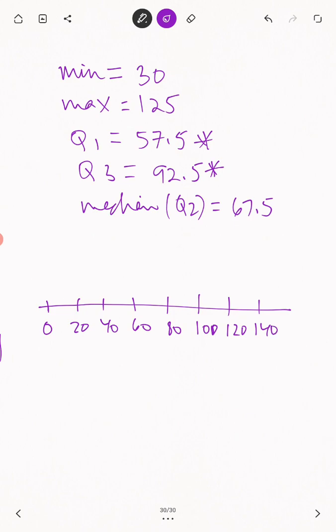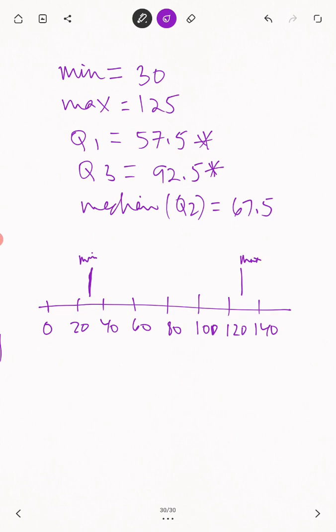The first thing you do is put your min and max values on. So 30 would be halfway between 20 and 40. This is my min. And then 125 for my max. So it should be a quarter of the way between 120 and 140. Approximately. It's a little hard to show on here.